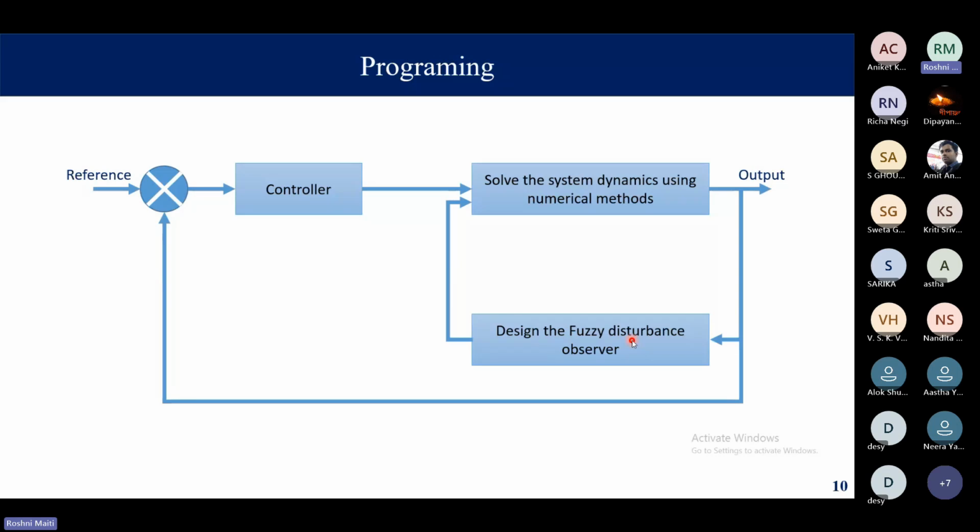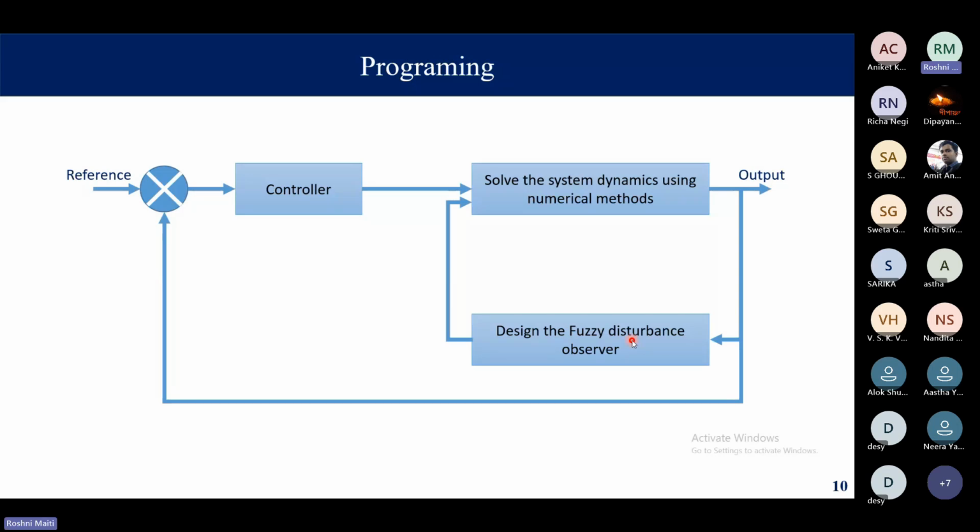After that, we have to calculate the output y. That output y will be the weighted average sum. So we will get y equals theta into zeta ultimately.